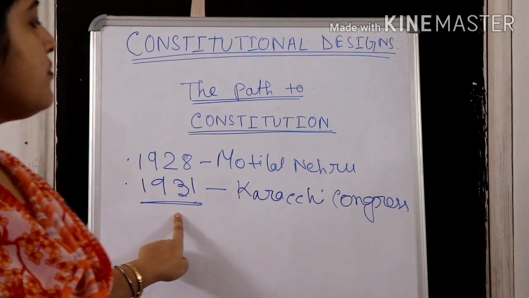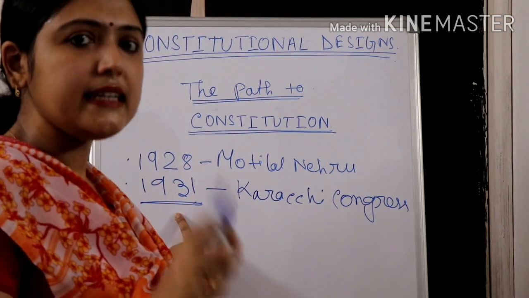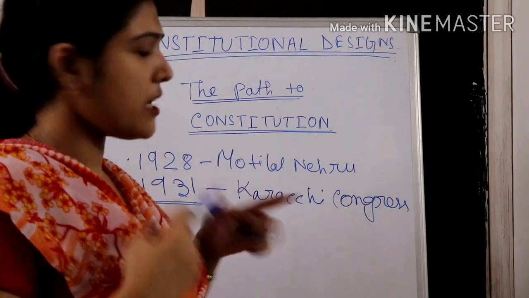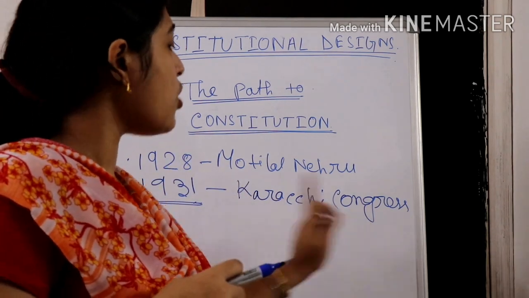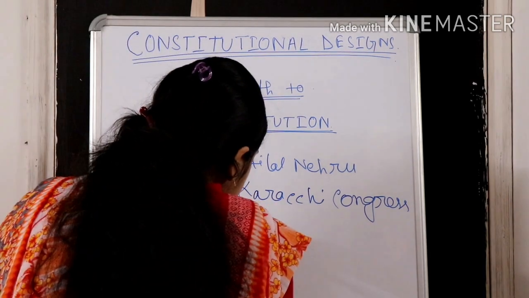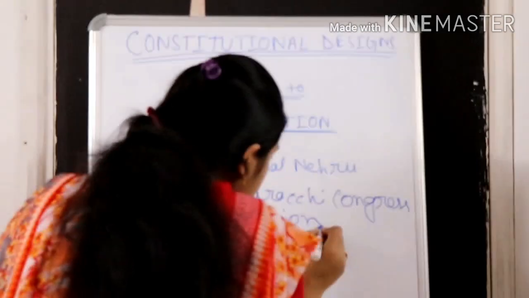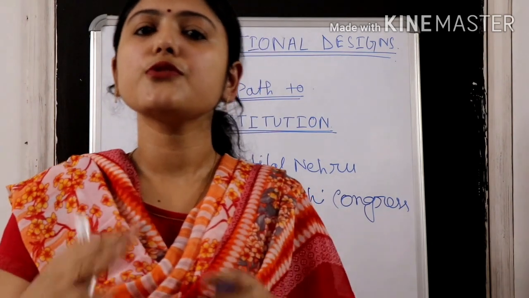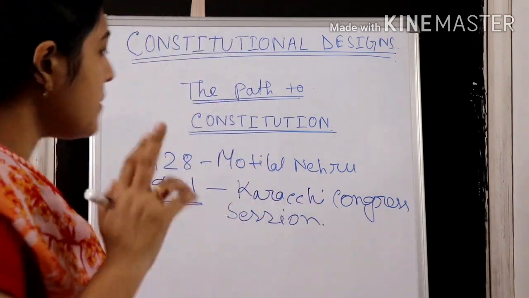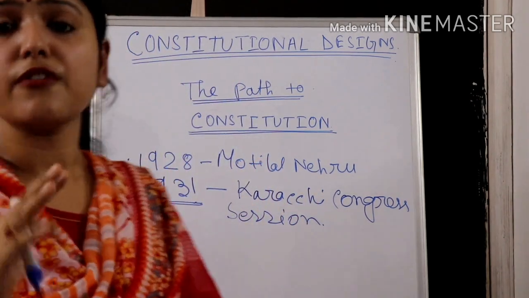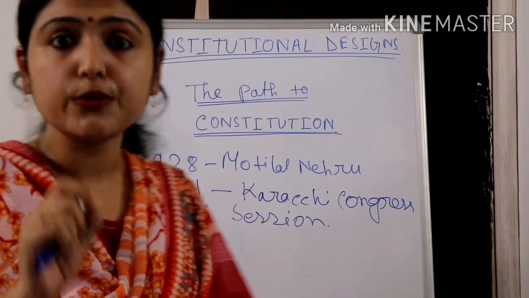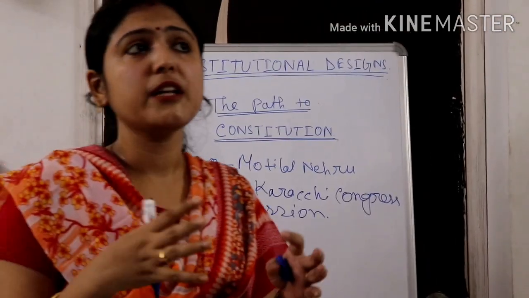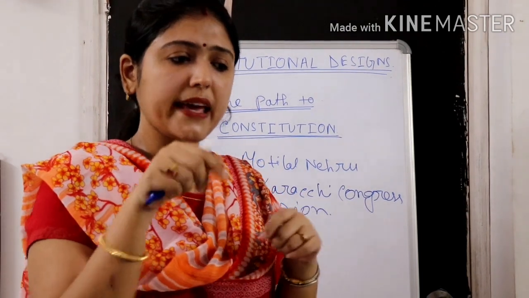In 1931, the session which was held in Karachi, the Karachi Congress session, they first discussed what our constitution should be like. They discussed a few points which our constitution needed to include, the main points on the base of our constitution.